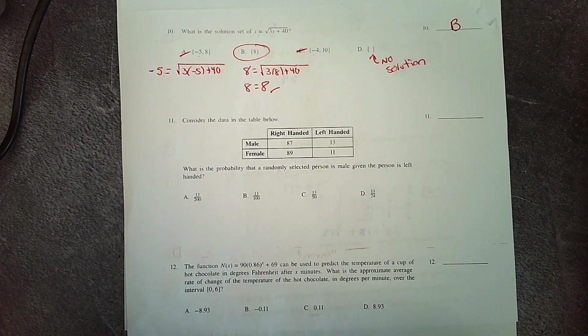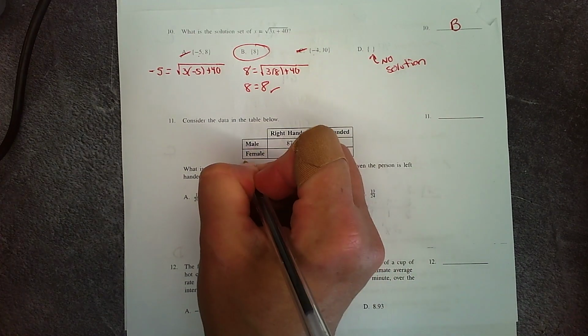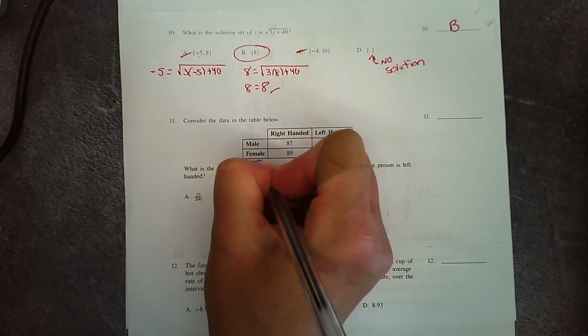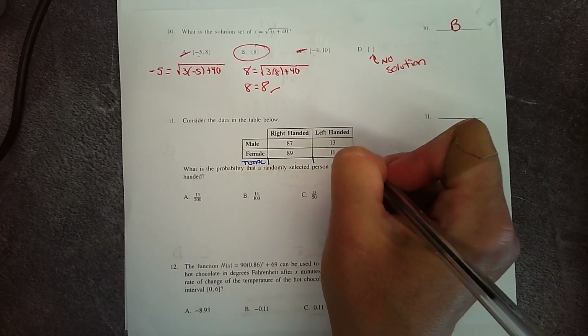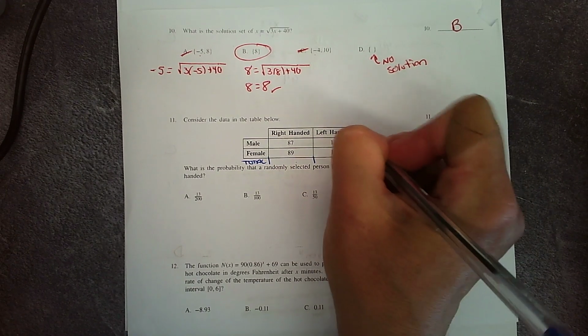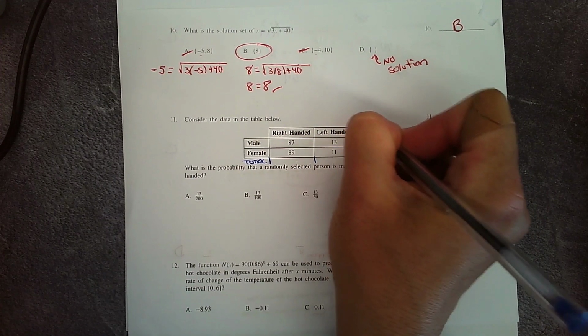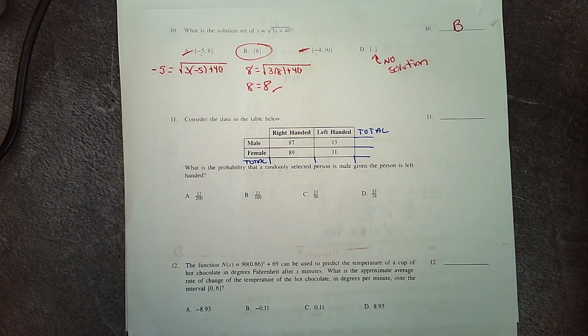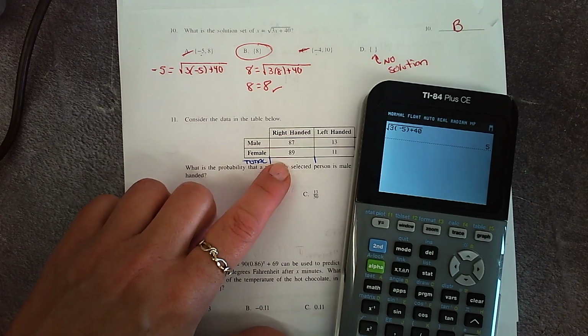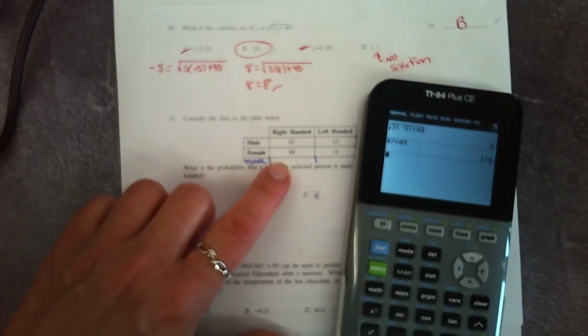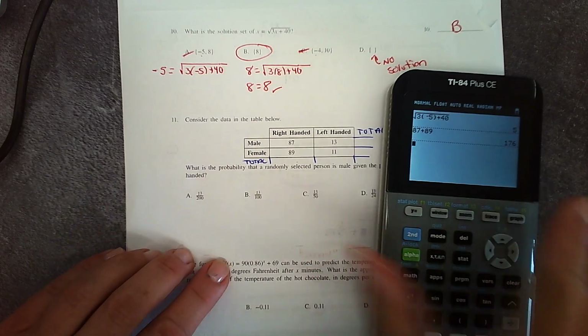All right, next one. Now I'm seeing a table. And before I do anything, I know I'm going to need the totals. So I'm going to do that first. Total. And I'm going to do a total here. All right, so we're going to add this stuff up. So I'm going to do 87 plus 89. That's 176.